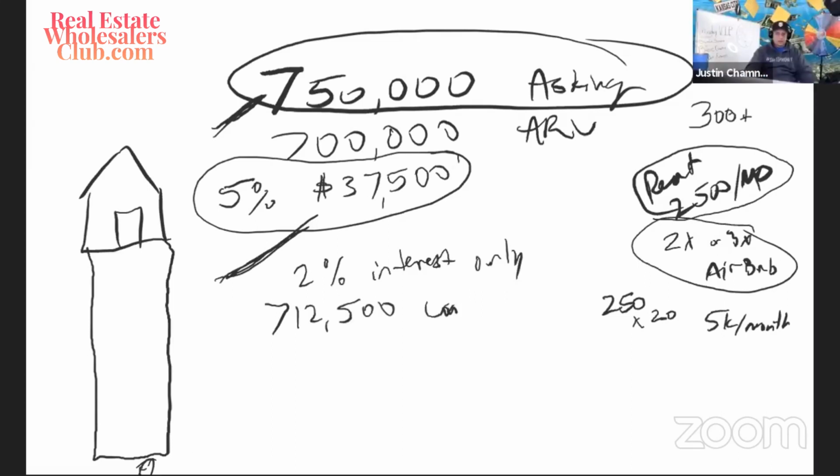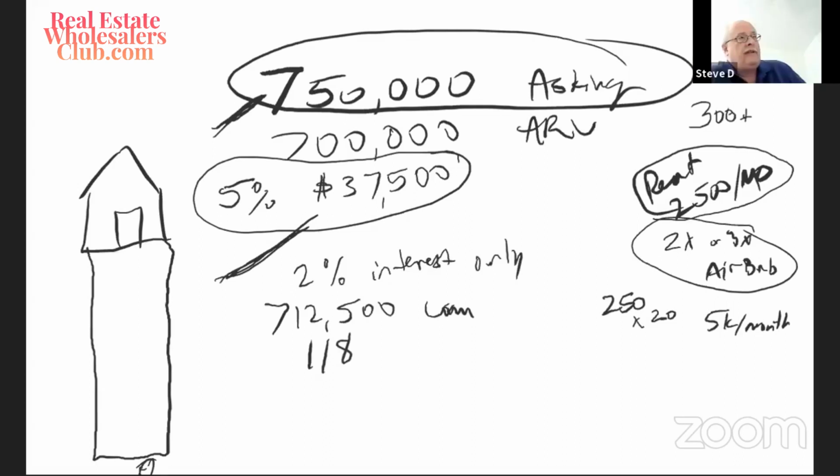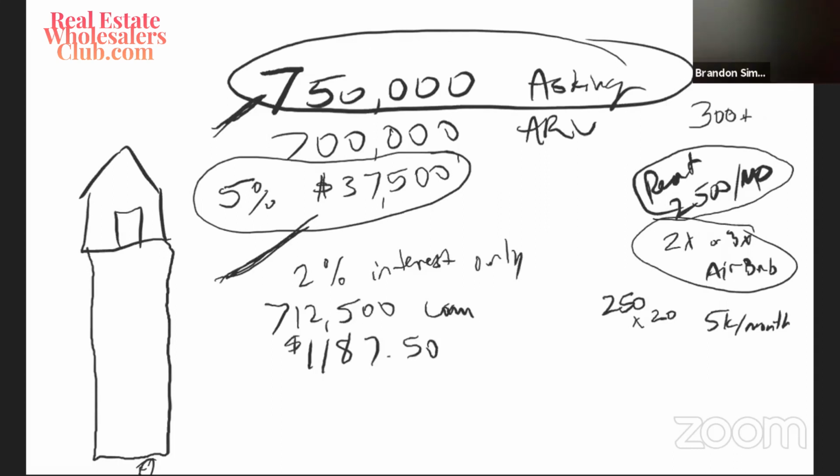Okay, now the interest only payments. Let me show you this. So we got it at 2%, and our interest only payments are 1,187.50. Now this is my interest only payment.